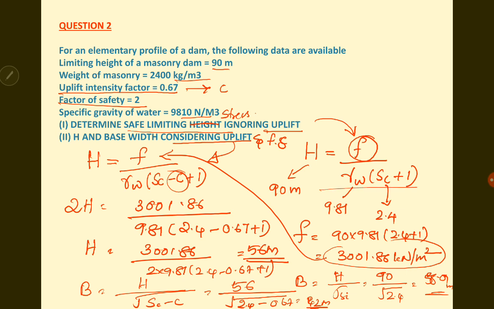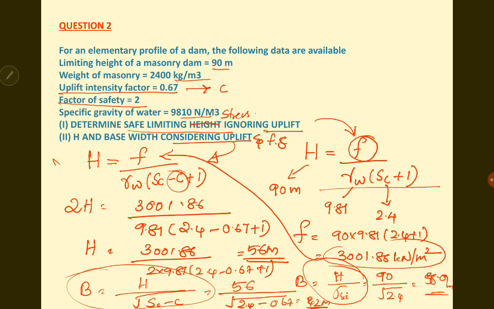Based on that, the base width B is equal to H by root of (SC minus C). If C is not there, the equation becomes H by root of SC. So that is what we used where uplift is not considered. The uplift intensity factor will not be considered there, so the value C is to be ignored.